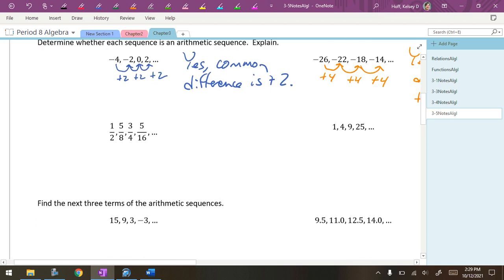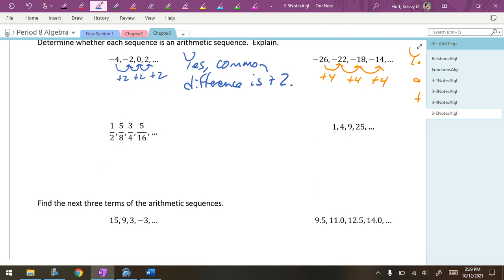1/2, 5/8, 3/4, 5/16. I don't want to convert these to decimals. The only way we can figure out if we are adding or subtracting the same amount with fractions is to have a common denominator. What is my common denominator going to be between 2, 8, 4, and 16? 16.